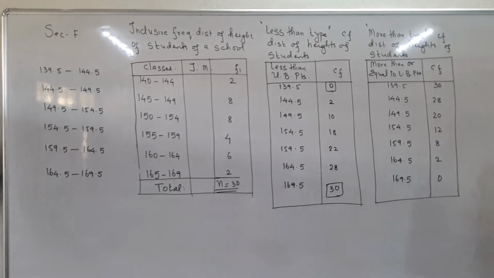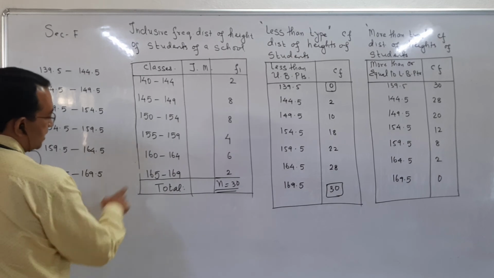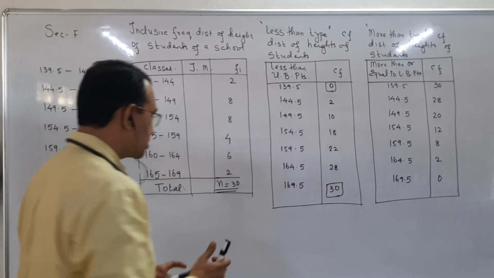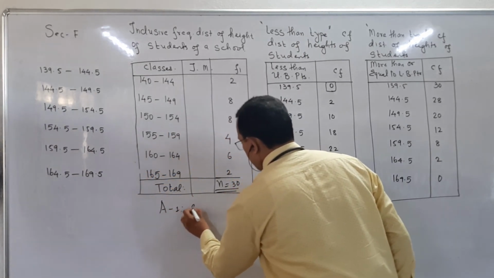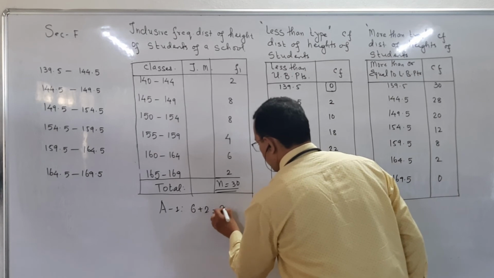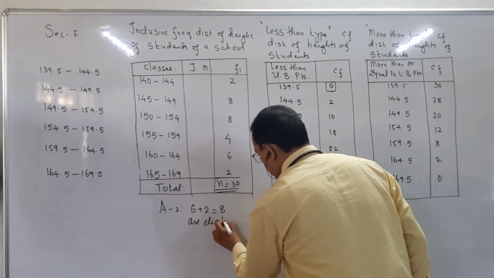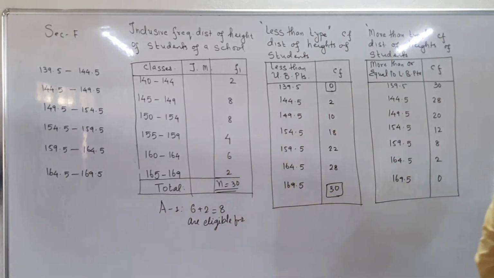Minimum height is 160. So number of observations which are 160 or more are 6 plus 2. How many? 8. So answer 1: 8 are eligible for participation.